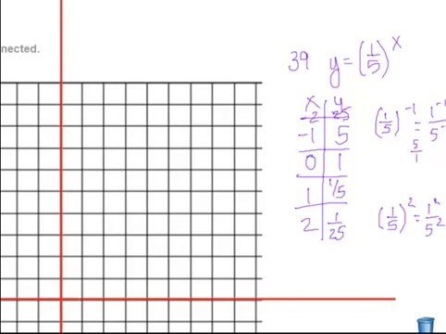So I'm going to go ahead, we're going to label all of these by 1s. And I can't really reach that 25, but I am going to go ahead and do the -1, 5. We have that 0, 1. We have 1, 1/5. And then we also have 2, which is associated with 1/25.